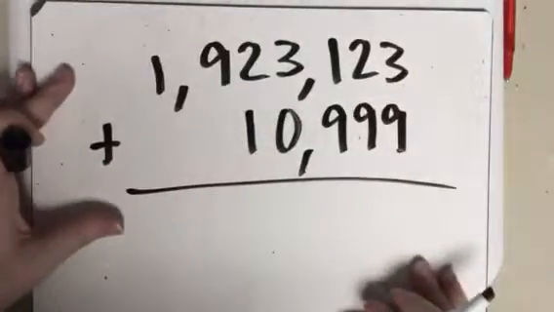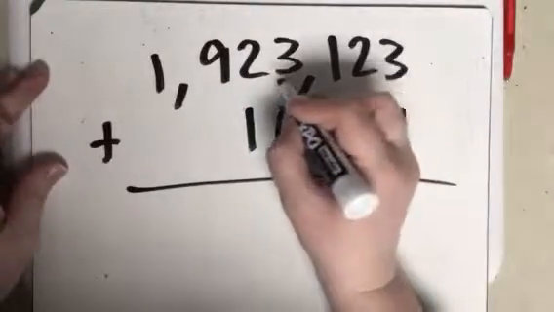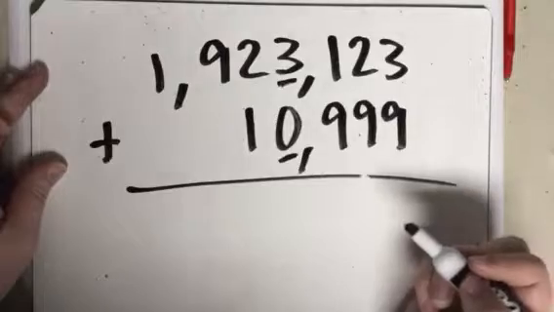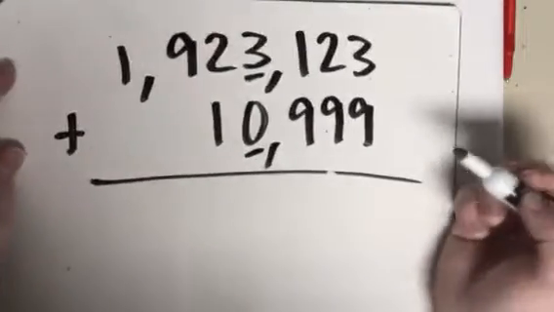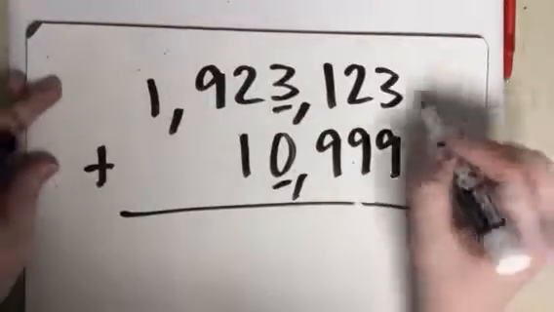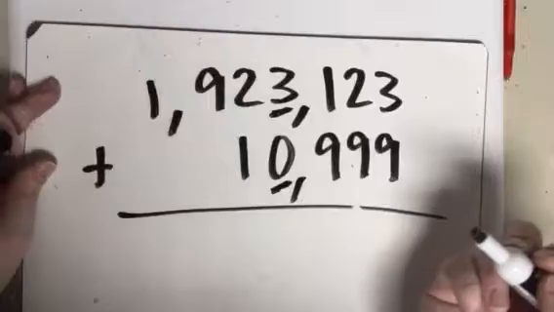Estimate the sum of these numbers. I might want to choose to round to the nearest 1,000 in this case, or I might choose 10,000. Okay, you have some options. Rounding this to the nearest whole number wouldn't do anything because there's no decimals. Okay, so I'm going to choose 1,000.